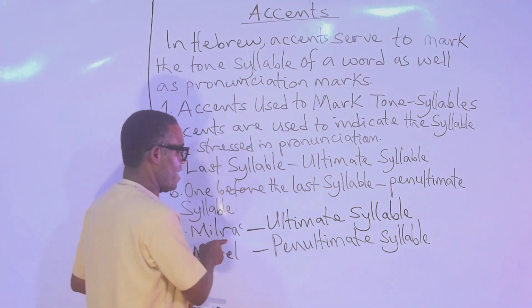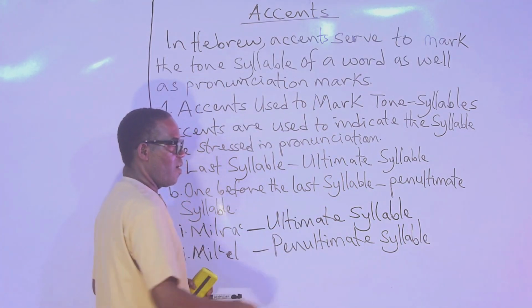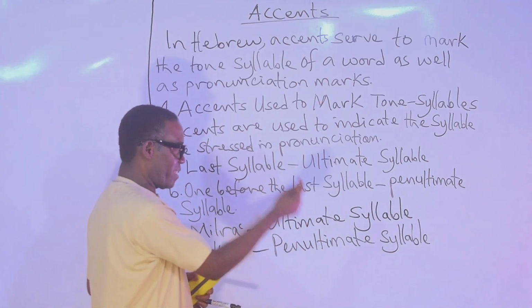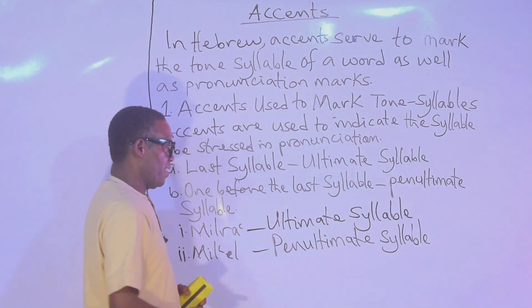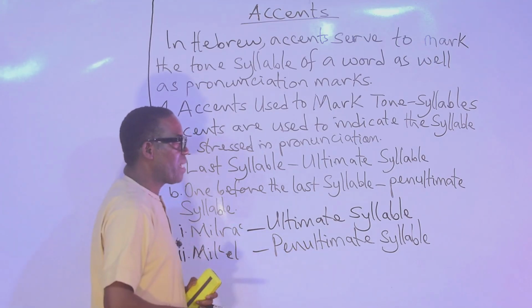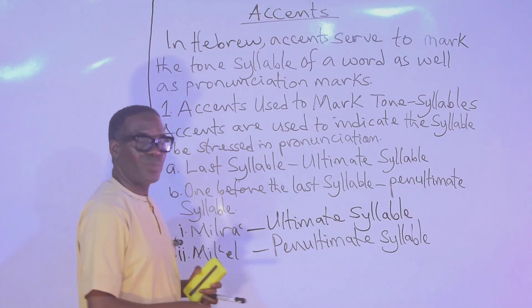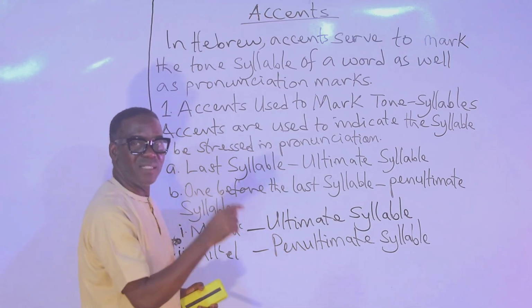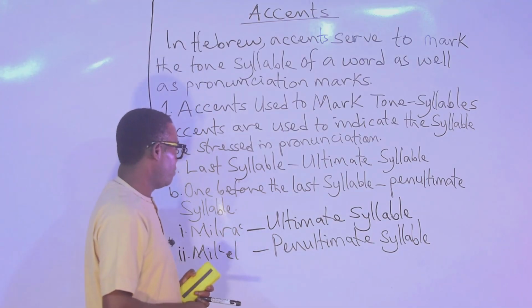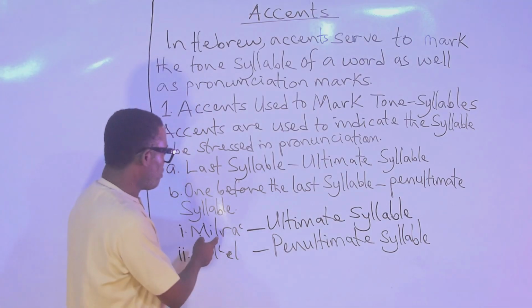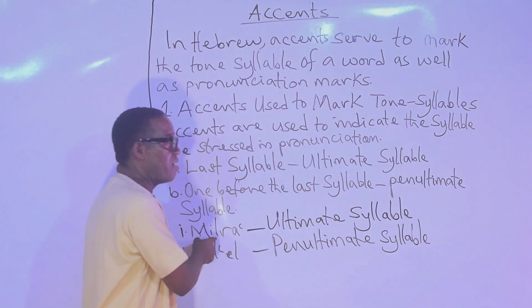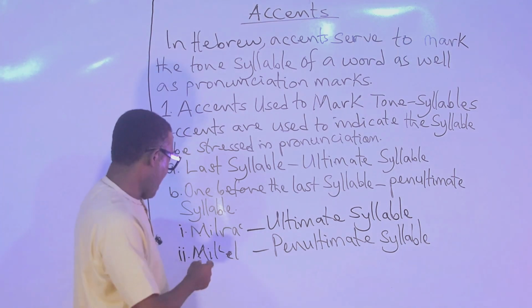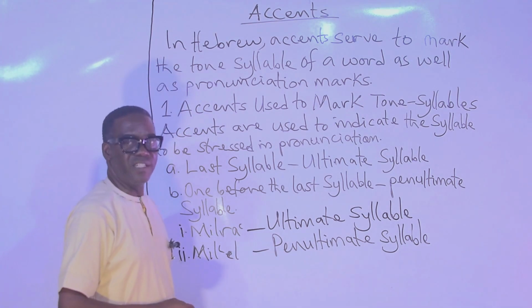So milra appears on the ultimate syllable, which is the last syllable, while mil-a appears on the penultimate syllable, one before the last. Now we want to consider these two in detail, the milra and then the mil-a.